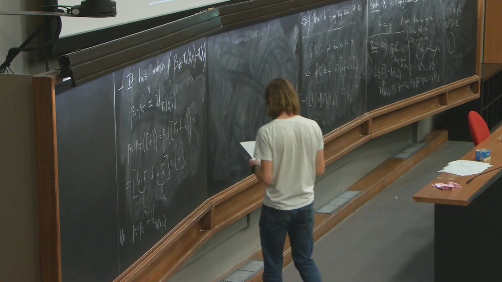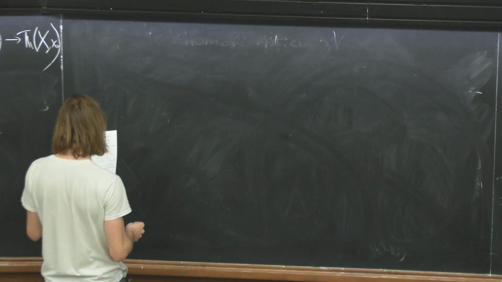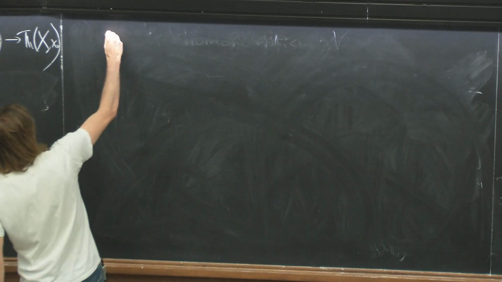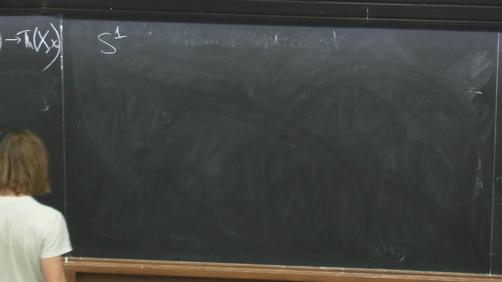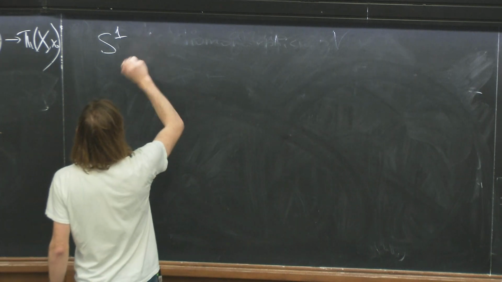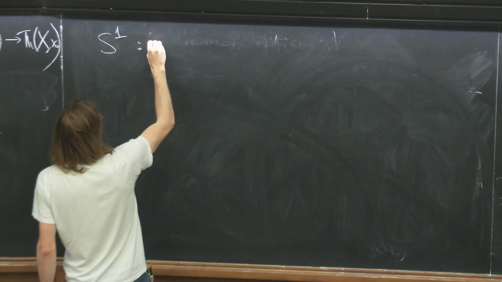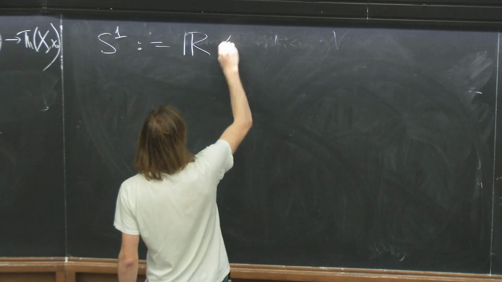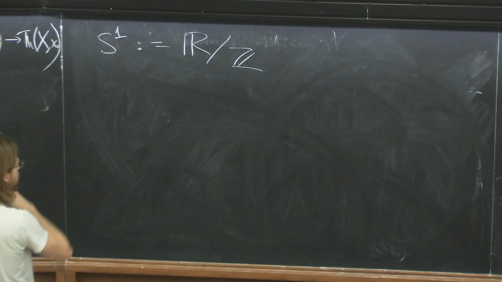Okay, so now we want to calculate some non-trivial example of the fundamental group, and the very important example is the fundamental group of a circle. Here it's convenient to consider the circle as a quotient of the real line by the integers.